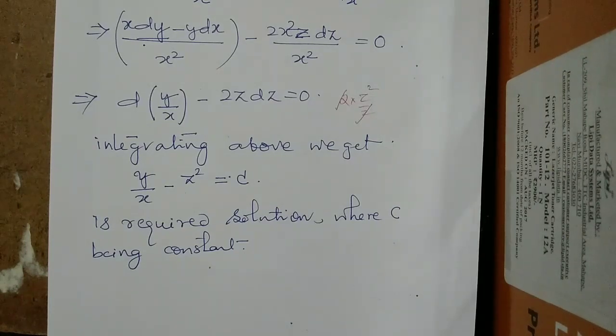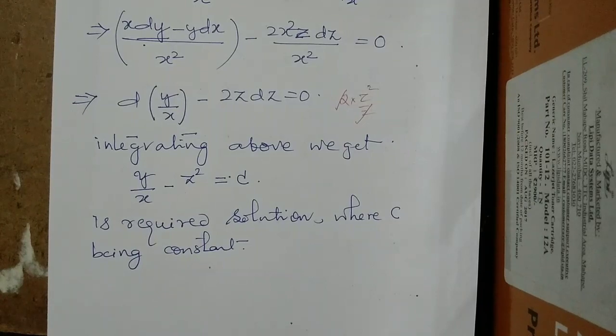Once again I will repeat every step. There are two ways to find the solution of a given differential equation. One is the inspection method, another is treating one variable as constant. Here we studied the first way of finding the solution, that is the inspection method.